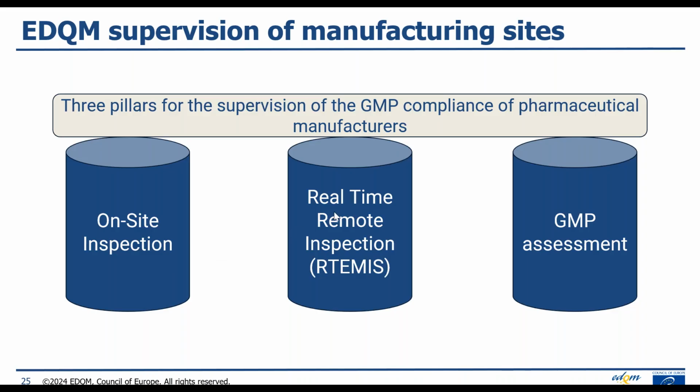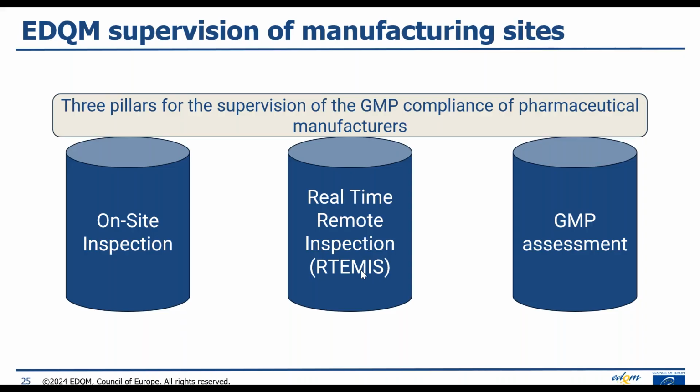The second one will be real-time remote inspections, or RTRIs. I'm sure you're all familiar with this concept, which we brought in as a result of the COVID-19 pandemic. It's essentially trying to replicate on-site inspections just remotely insofar as possible.